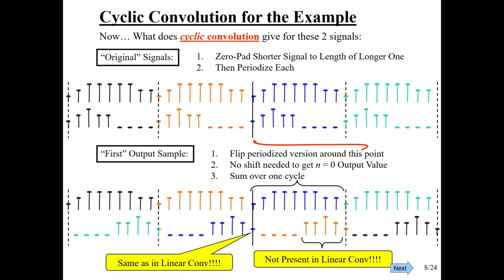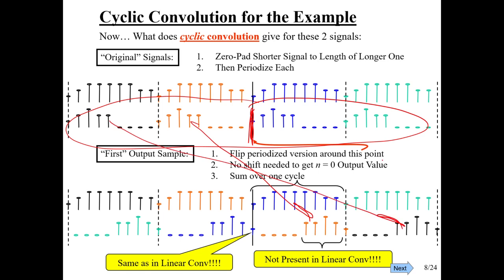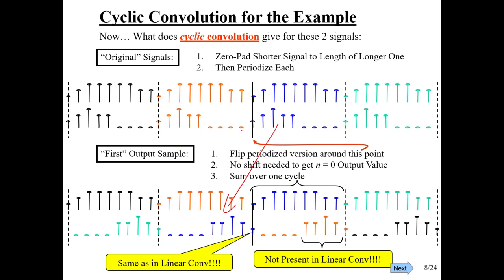I'm going to flip it right around this point, and I'm going to flip the whole periodized thing. So look, the red one comes over here, the black one goes all the way over there, the green one goes all the way over there, and the blue one goes right here. But now it went this direction, now it's going that direction, right? Ramp up, constant. Ramp up, constant. Okay, so that's the flipping.